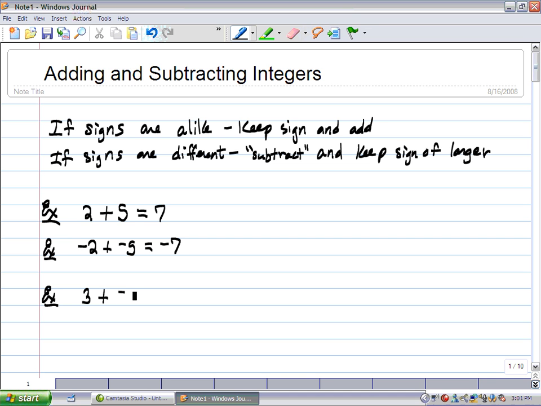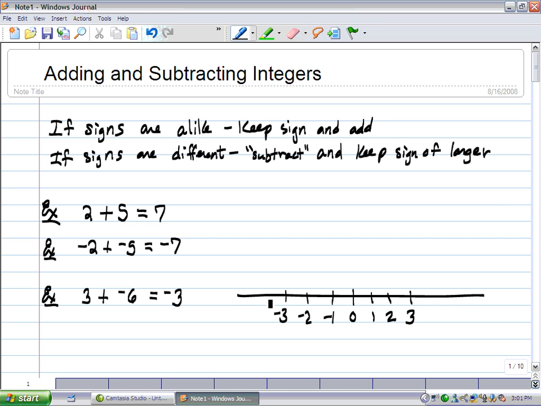Three plus negative 6. This one, the signs are different, so we're going to take the difference between 6 and 3, which is 3, and 6 is larger than 3, so our answer is going to be negative 3, even though negative 6 itself is smaller than 3. If I had a number line, all the numbers to the right are larger than those to the left.